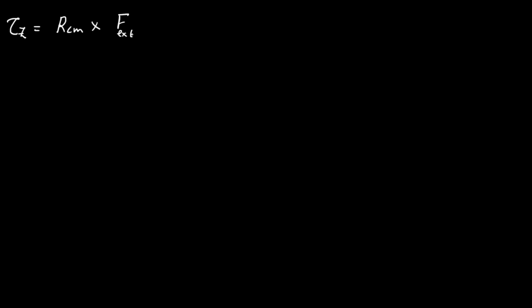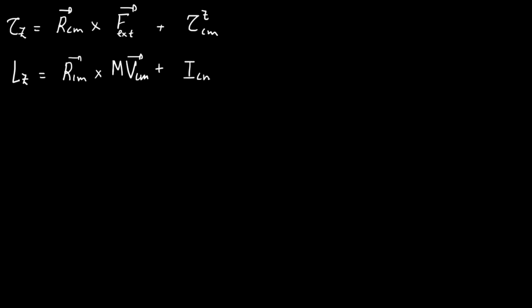And now when I say force external, I'm assuming that you understand that all the forces have been added up vectorially, plus tau z center of mass, and Lz is equal to RCM cross MVCM plus the ICM into omega t. Okay, we all know what omega t is. Now comes the law. Tau z is equal to dLz by dt.